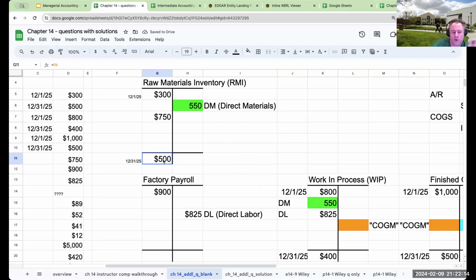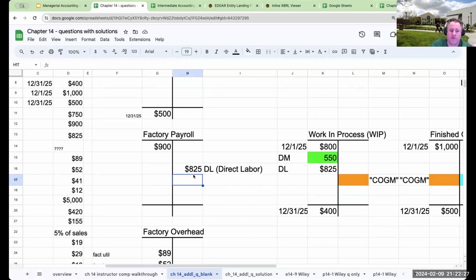Notice over here, it's okay if I have an ending balance of raw materials because those physically exist, right? Raw materials, work in process, this is fine. Finished goods, we can, because it physically exists. However, factory payroll and factory overhead have to have a zero balance. So coming over here, does 900 minus 825 equal 0?